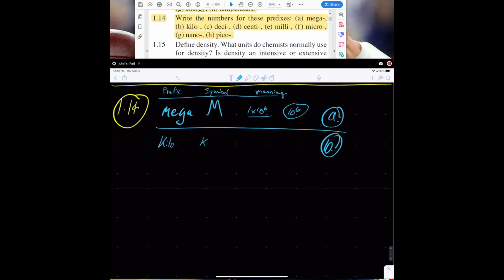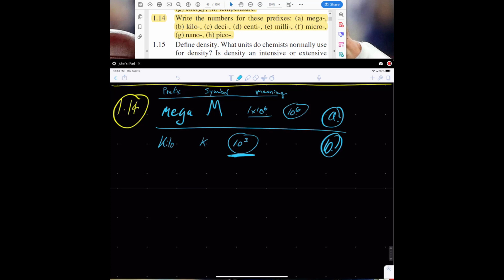So what we would have to give is 10 to the 3. This is the answer that they're asking us for, right? The number for the prefix, 10 to the 3.